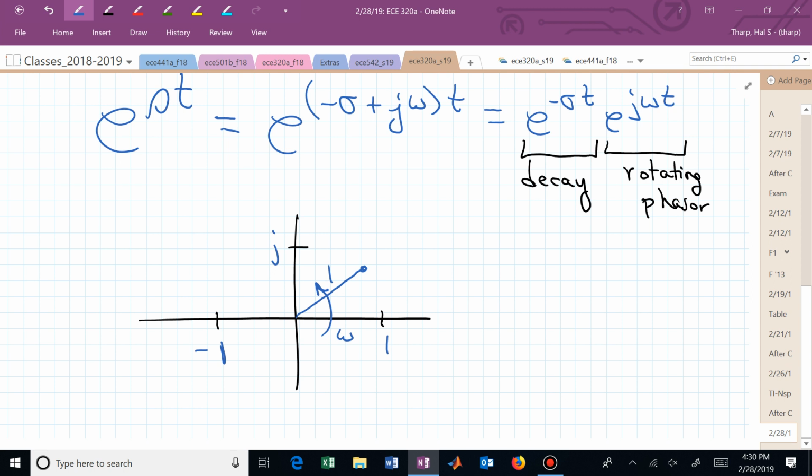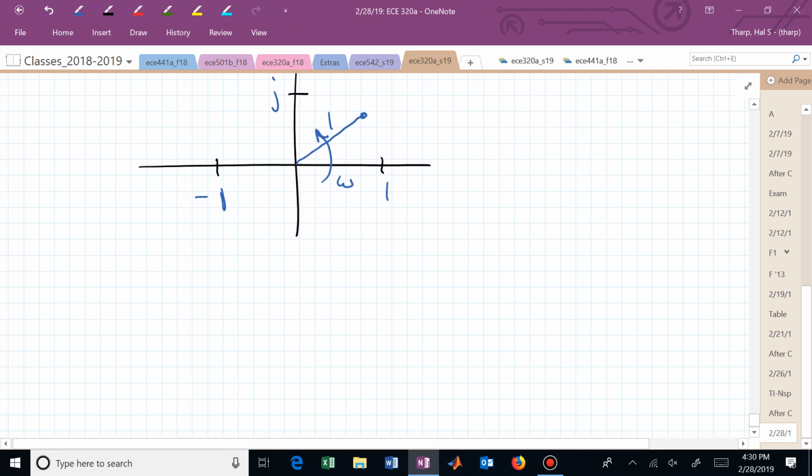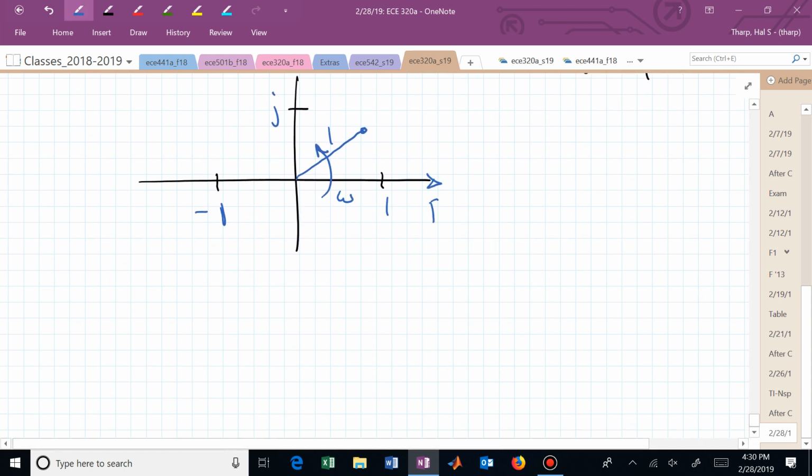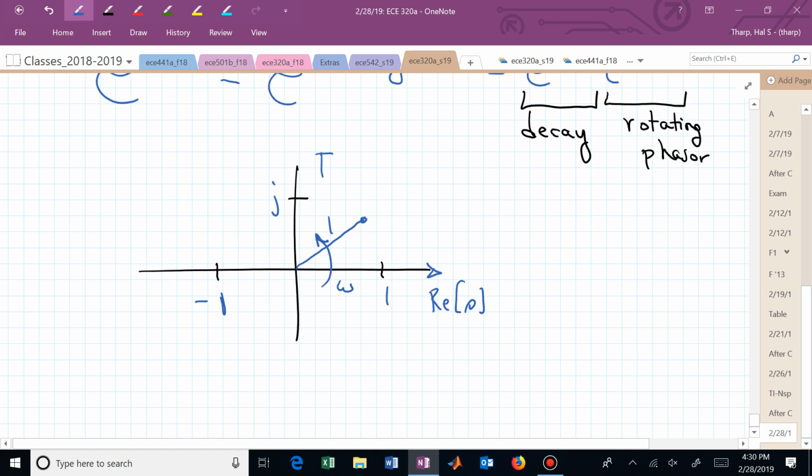This just keeps going between +1 and -1, +1 and -1. And how quick it is moving between those depends on omega. So this is now just going back and forth in a sinusoidal manner, where this is now the real of S and this is the imaginary of S.